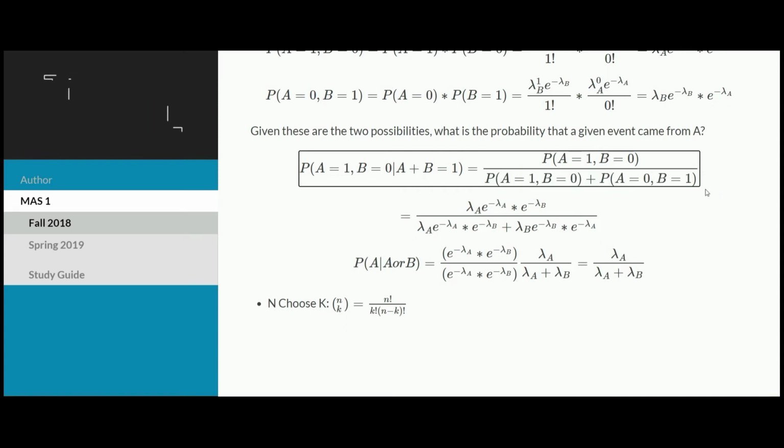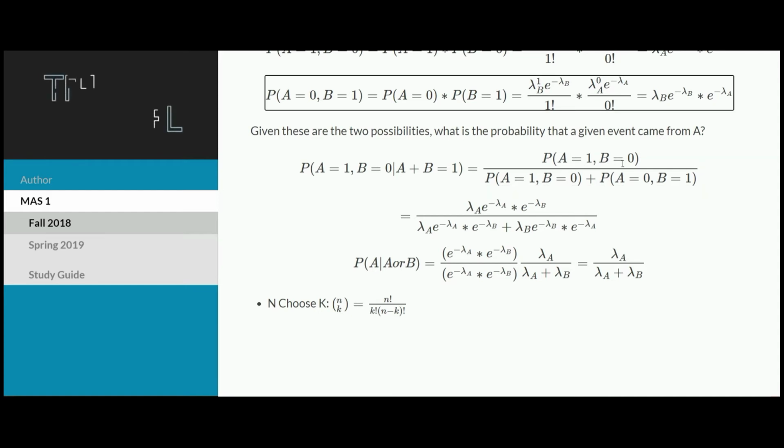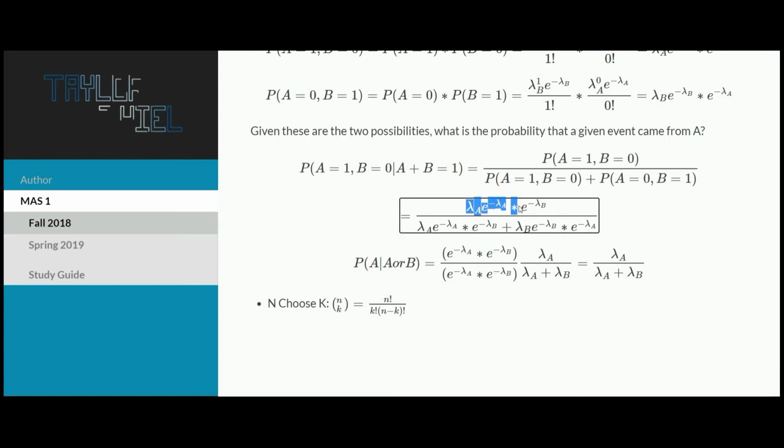And so now we're just plugging in the values we prepped earlier. In the numerator here we have the probability a claim came from A given exactly one claim came, and then we divide that by the other 2 possibilities. So that's the same thing as what was in the numerator, plus the probability that 1 claim came from B and 0 claims came from A. That's how we have this really busy looking fraction here.